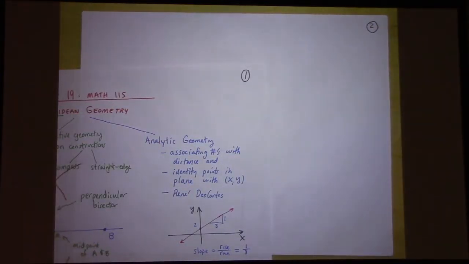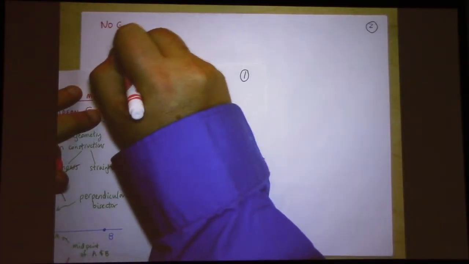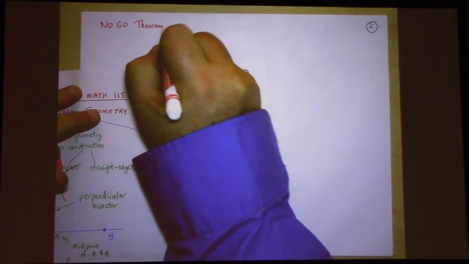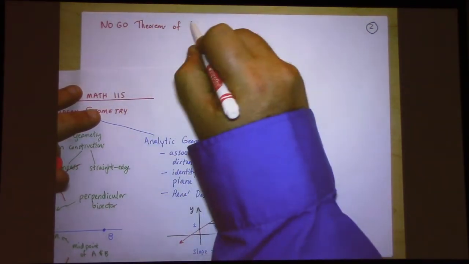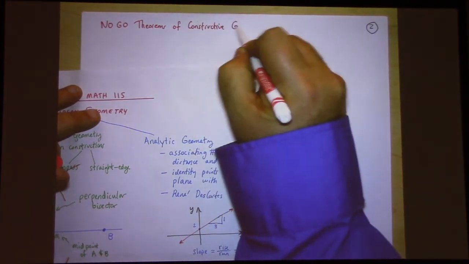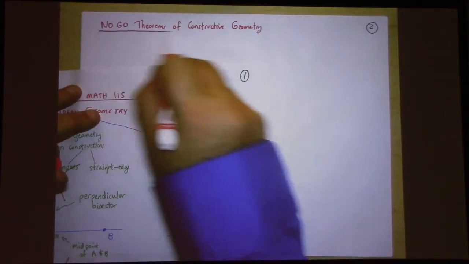So, no-go theorems of constructive geometry.